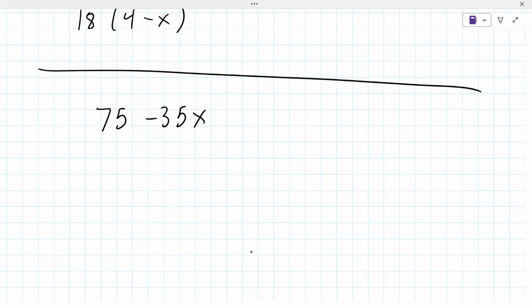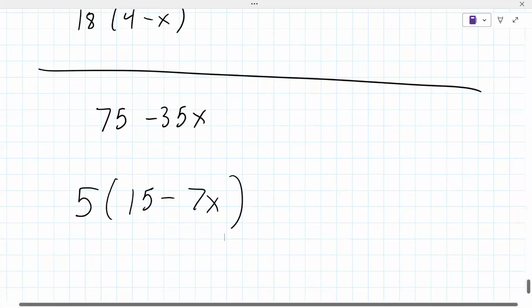No, wait, it can't be. 15 minus 7x. It goes on the outside. Oh, 5. Yes, you need that as well. You have to give all of this or it's incomplete.